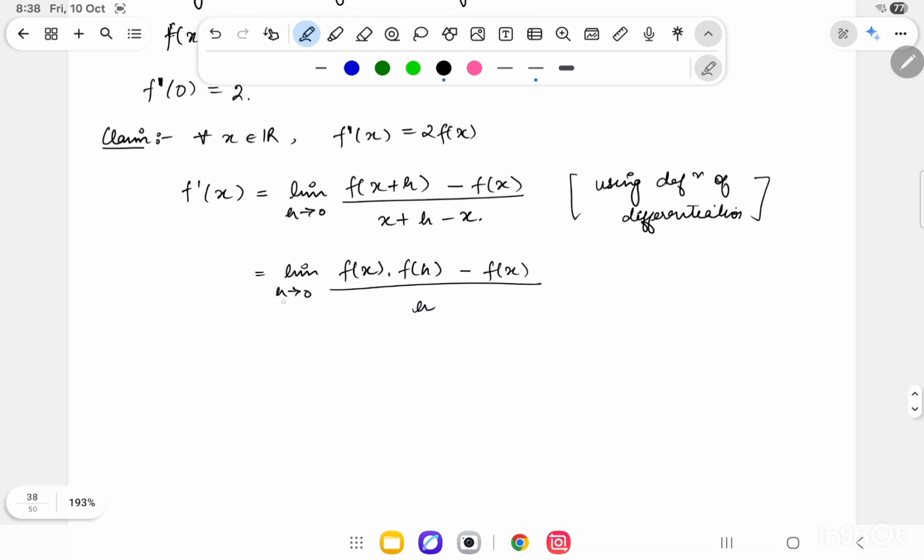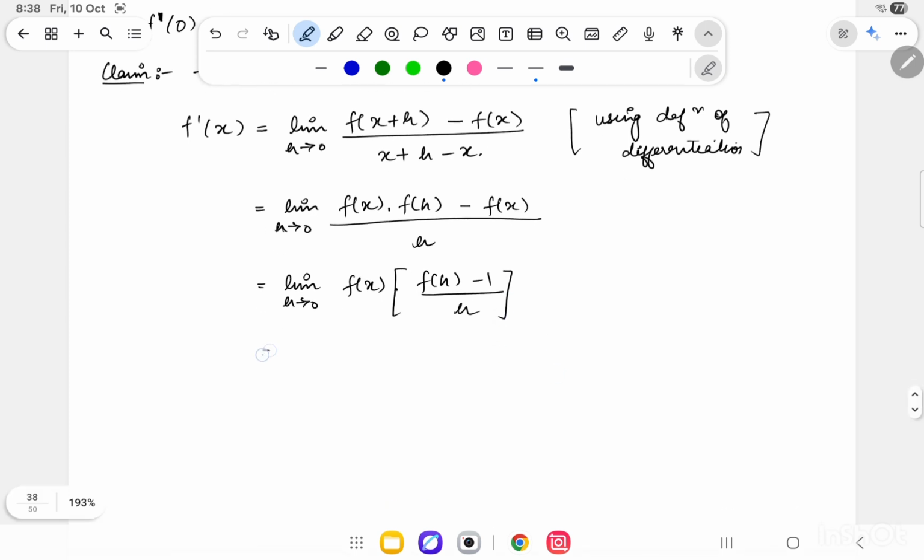Now the limit is on h, so we can pull this f(x) out, so it will be equal to the limit as h approaches 0 of f(x)·(f(h) - 1) / h. So it is equal to f(x) times the limit as h approaches 0 of (f(h) - 1) / h.